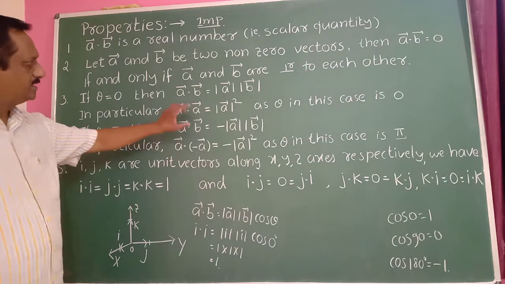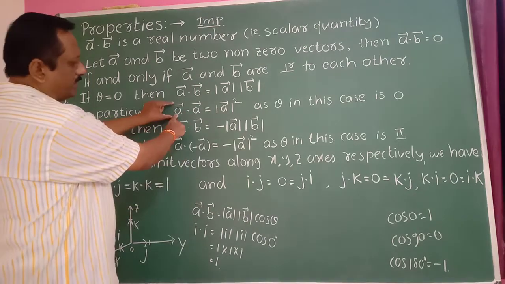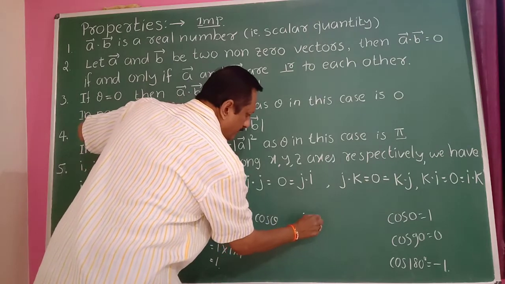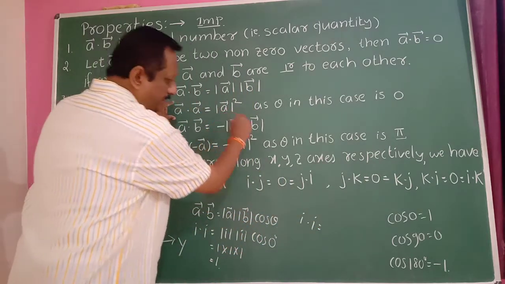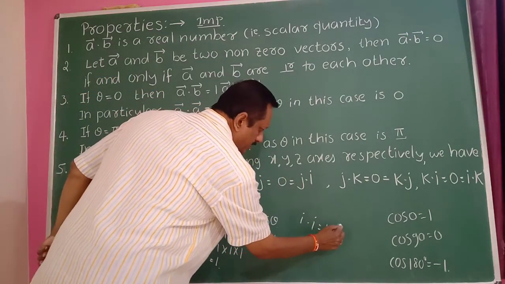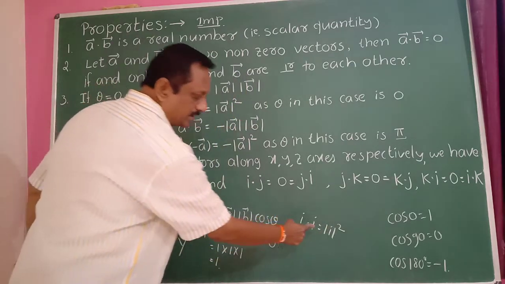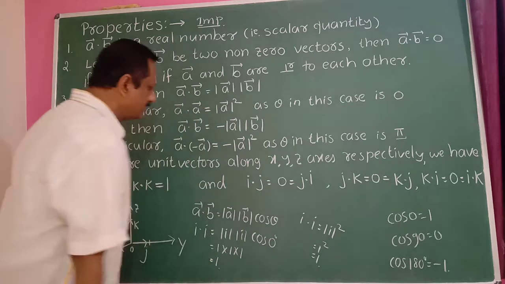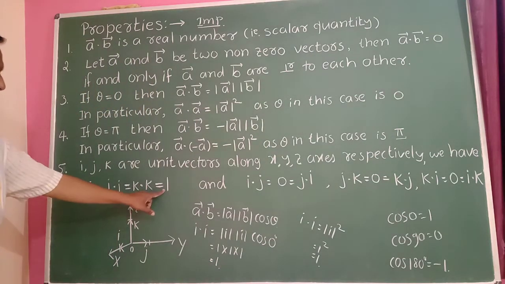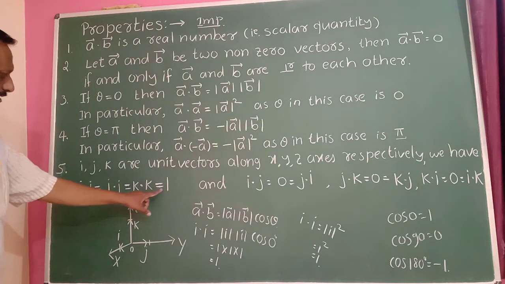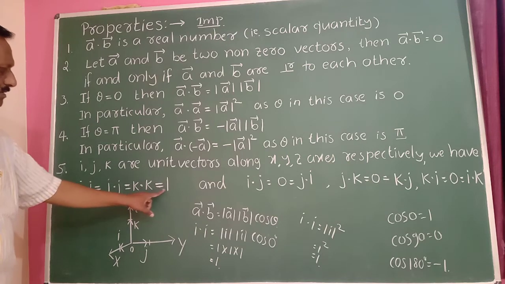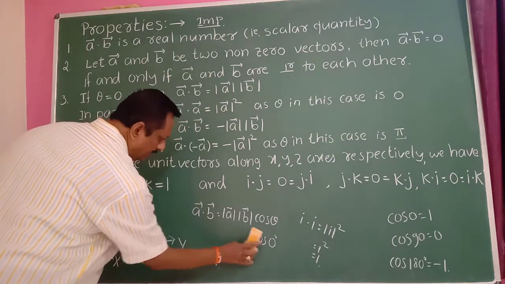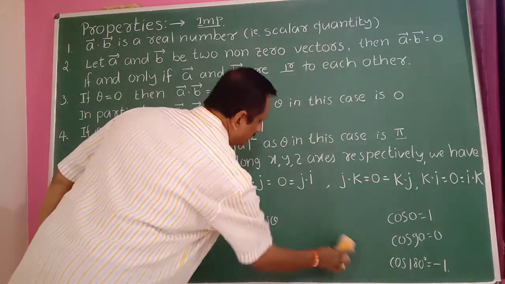You can also use this formula: i dot i is equal to modulus of i whole square, and modulus of i is 1 because it is a unit vector. So i dot i is equal to 1. Similarly, j dot j is 1, k dot k is equal to 1. Very important result.